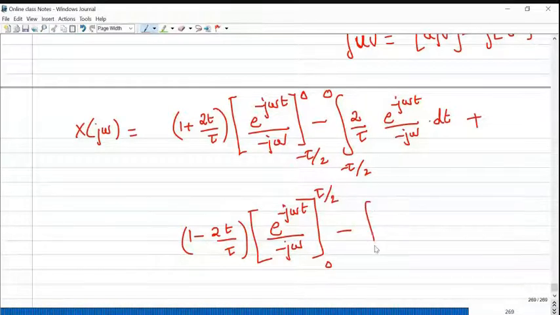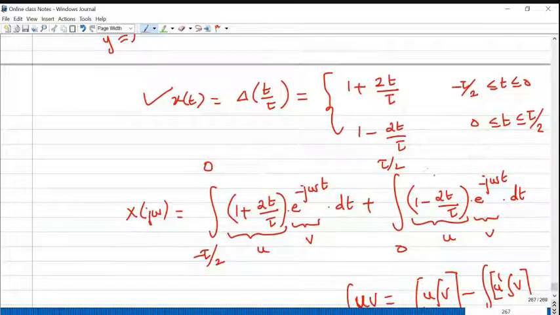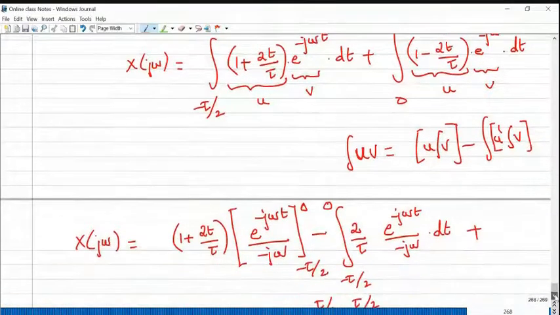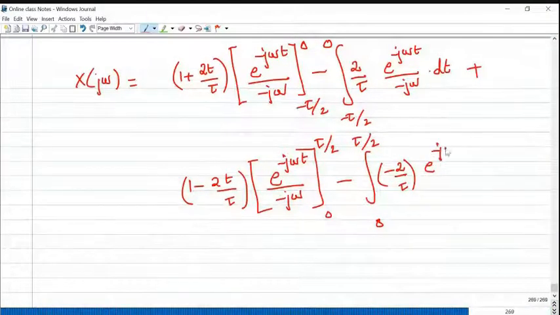So minus the integration from 0 to tau by 2 of u dash. One is a constant, here you will get minus 2 by tau. U dash completed. Then integration v, e power minus j omega t divided by minus j omega, dt.